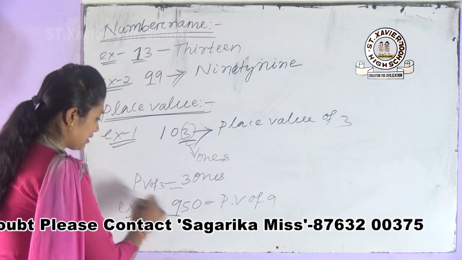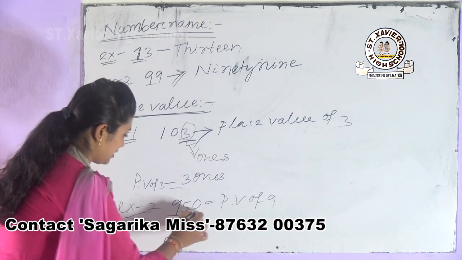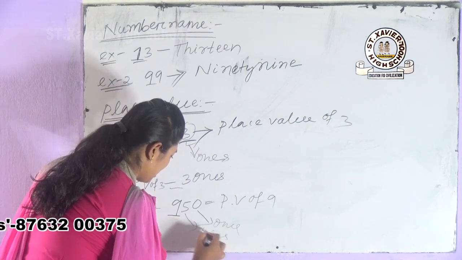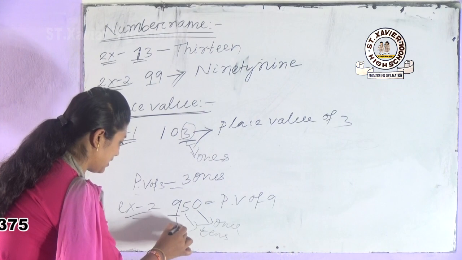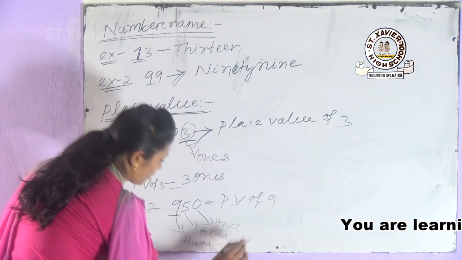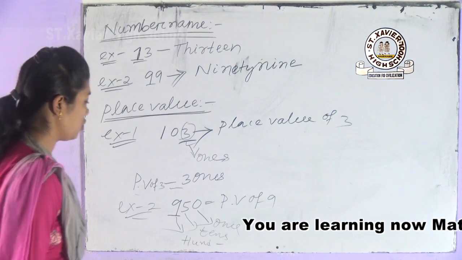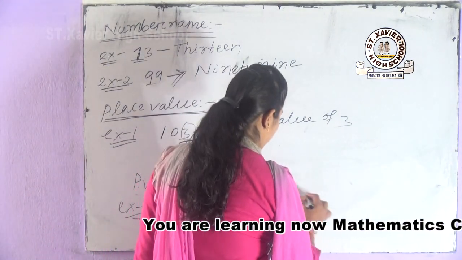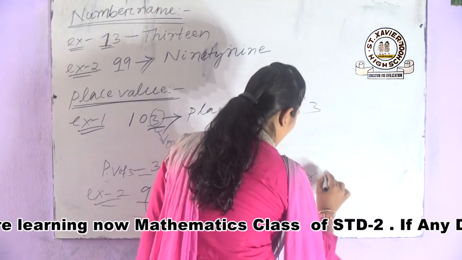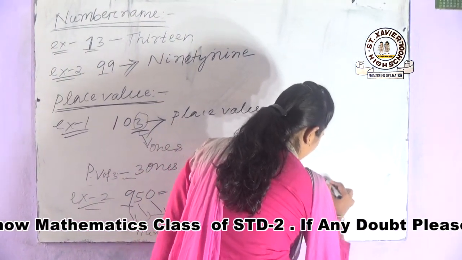Which place contains 9? This is ones place, this is tens, and here for 3 digits the last place is hundreds place, yes or no? So PV of 9 is 900, or you can write nine hundred.